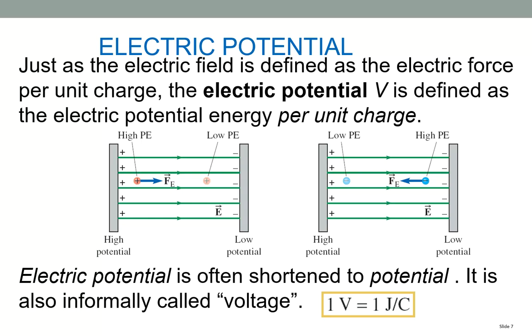That gives you the relationship that I wrote down for problem 2. The symbol for electric potential is V. Then potential energy is Q times V. But here's an important thing.